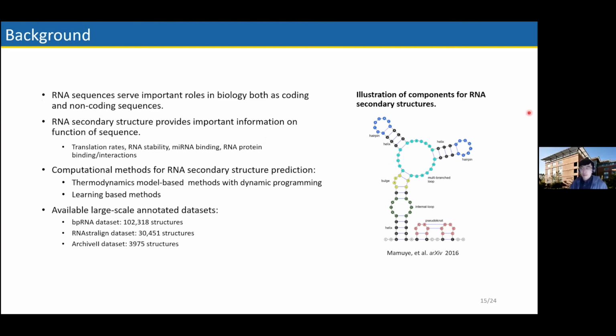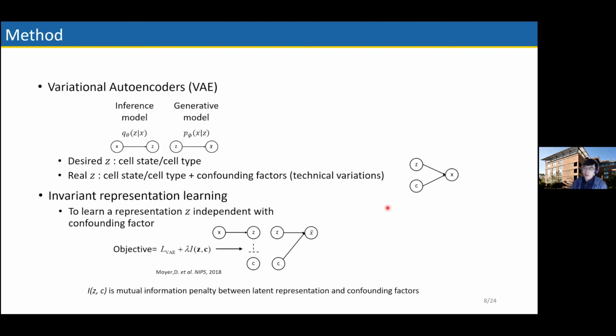Right. I'll go back to the method slide. With the model shown here, it would be infeasible to have unobserved confounding factors, because when we do the generative reconstruction, we have to use the information from the confounding factor to reconstruct the data. So this has to be observed at the generative stage.